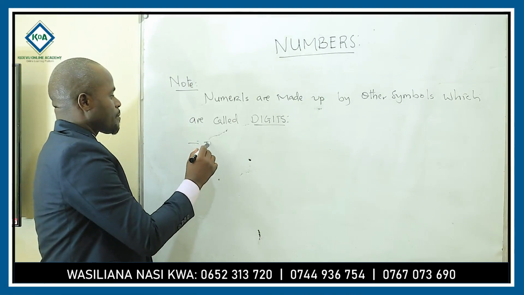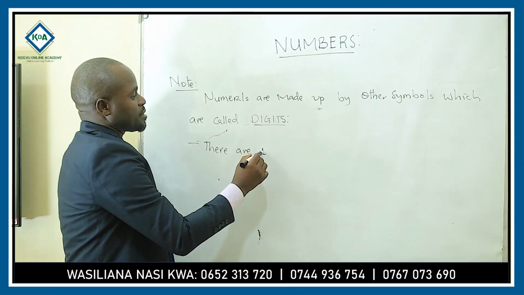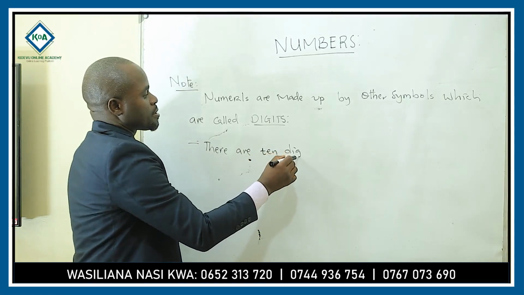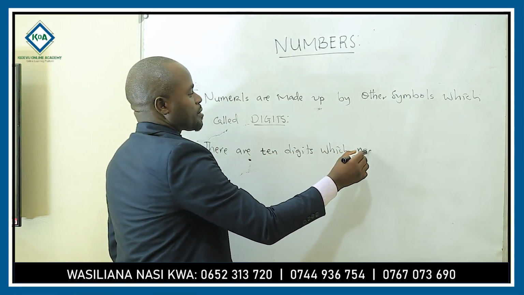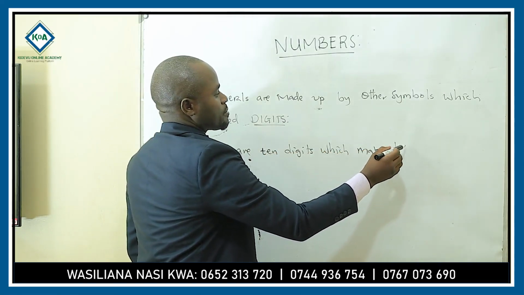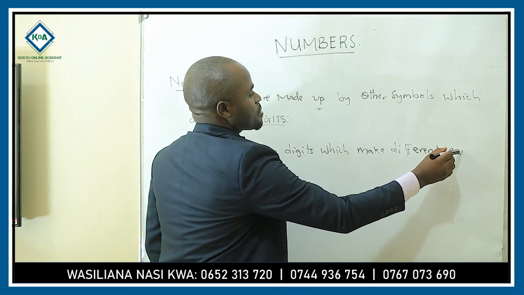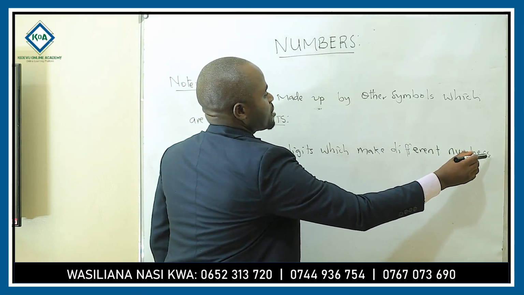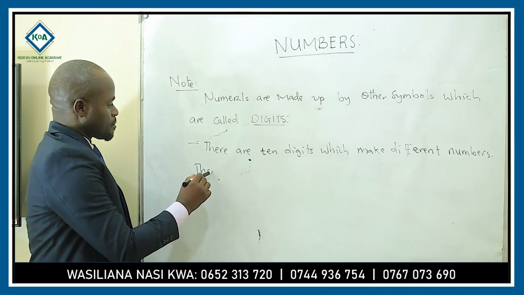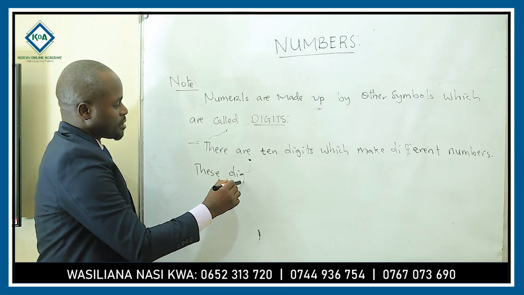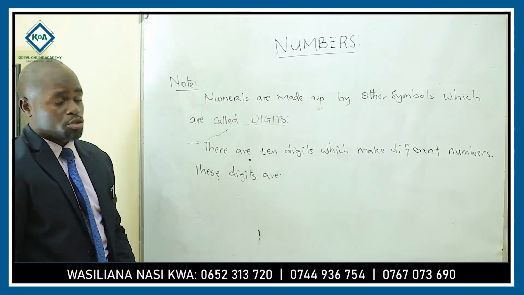So there are 10 digits which make different numbers. And these digits are, yes, we have the first digit which is 0.